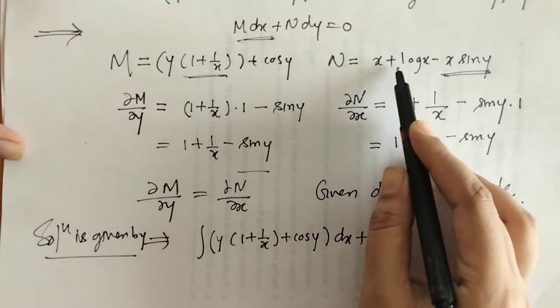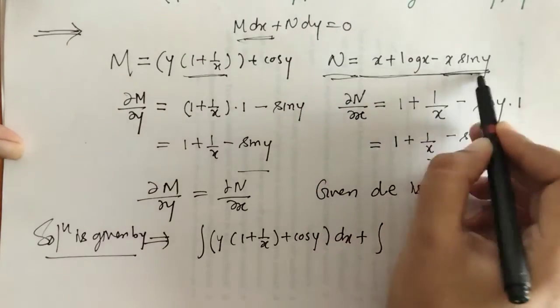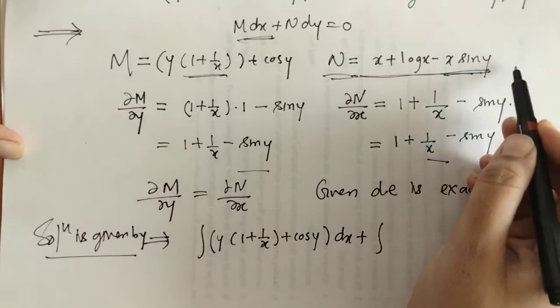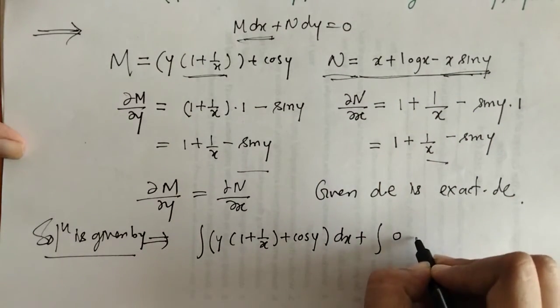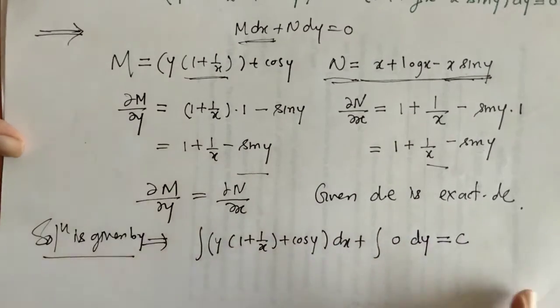So here, we can check that in this N we don't have any term which is free from x, right? So here we have 0 terms, and this is integration with respect to y is equal to c.